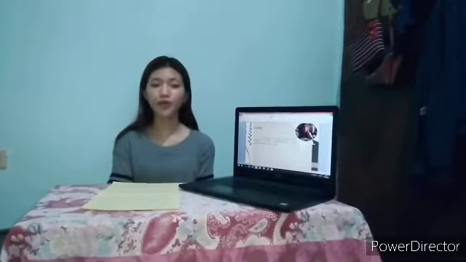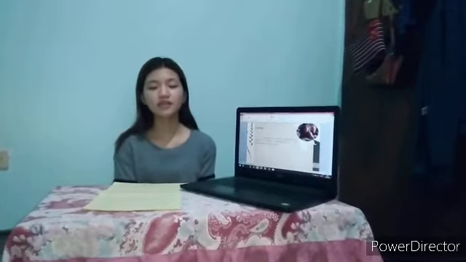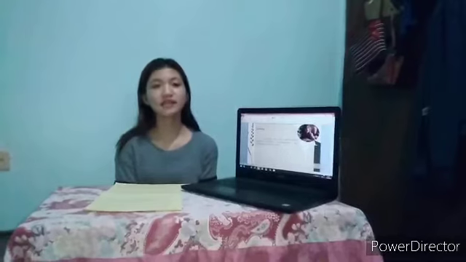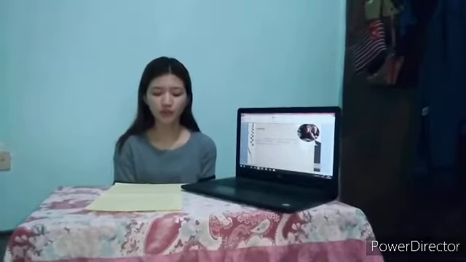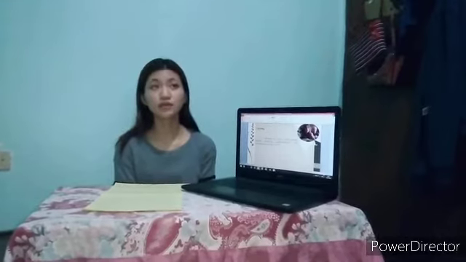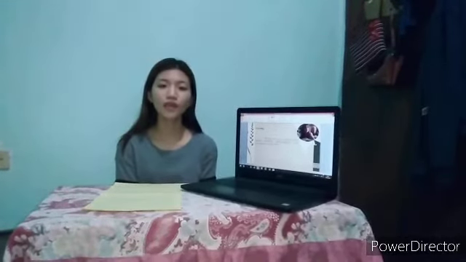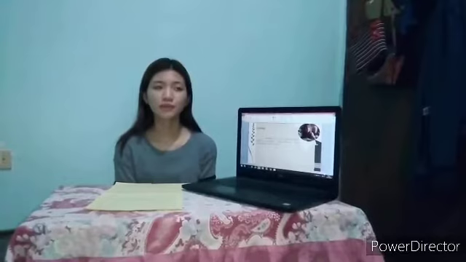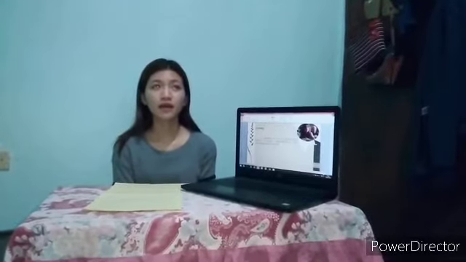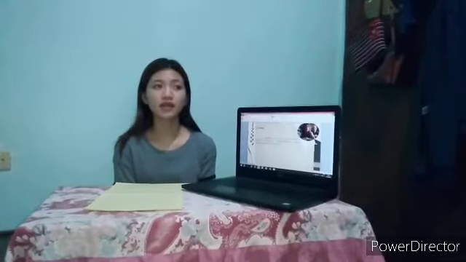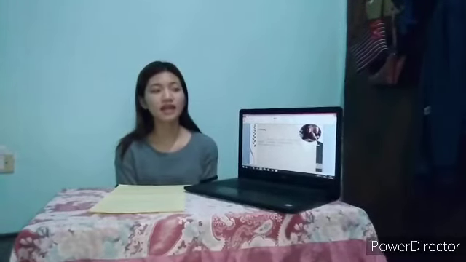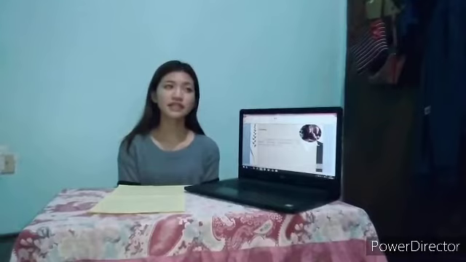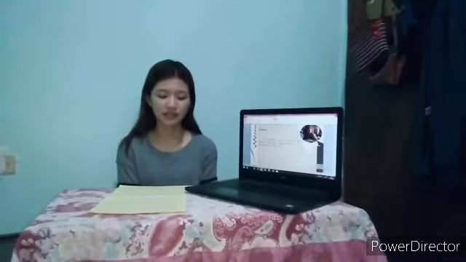And next is comprehension. It is the process of understanding and making sense of the spoken language, which includes recognizing the speech sounds and knowing each word's meaning and the syntax of sentences in which they are presented.